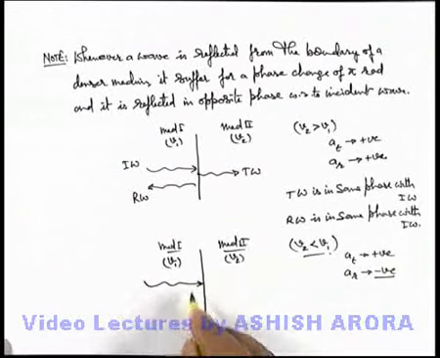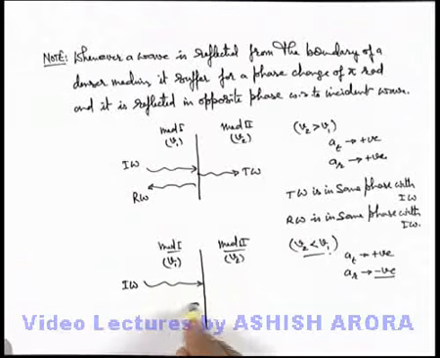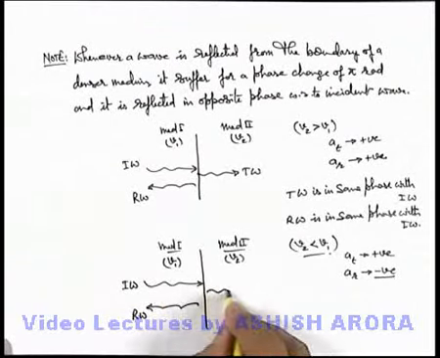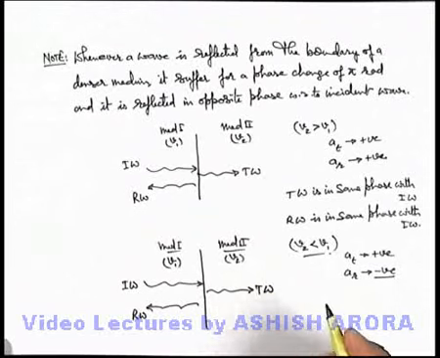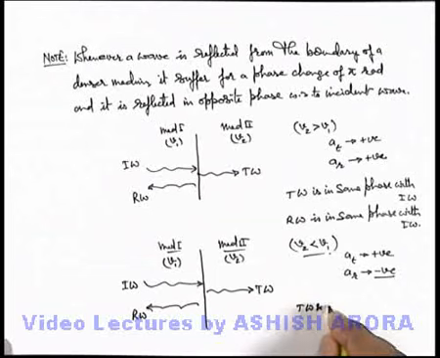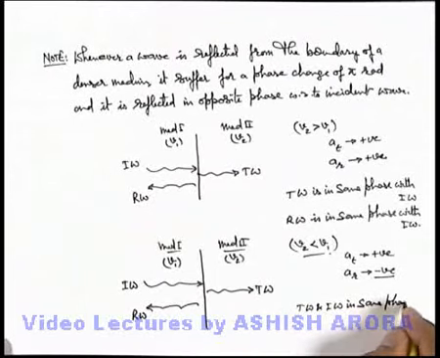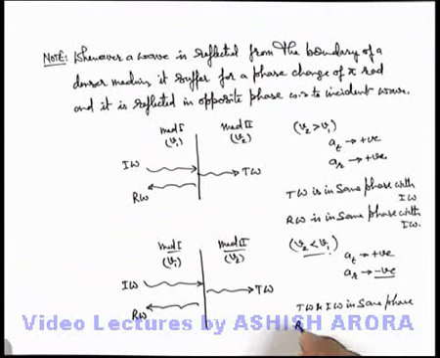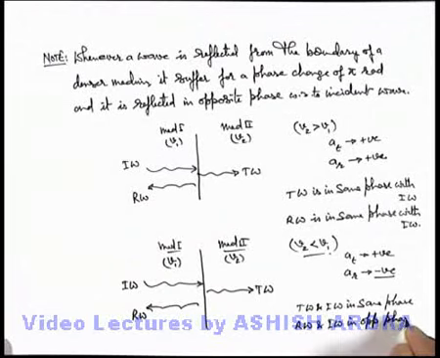So when a wave is incident, the reflected wave will be in opposite phase with the incident wave, and the transmitted wave will always be in the same phase. So the transmitted wave and incident wave are in the same phase, but the reflected wave and incident wave are in opposite phase because the reflection coefficient is negative.